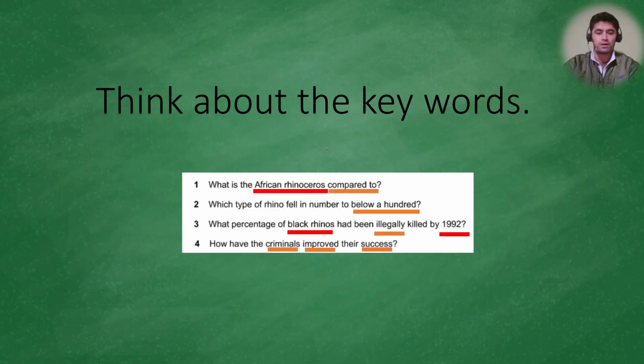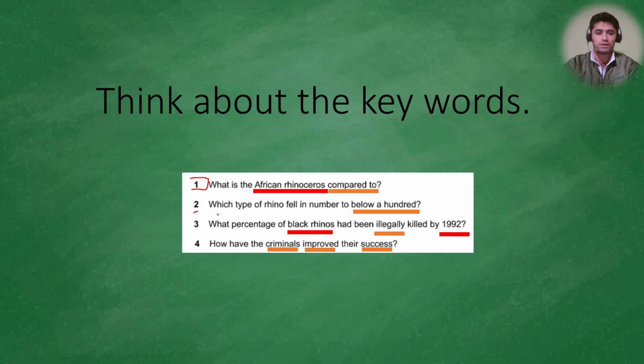Now, while we're checking the questions, the main thing that we need to think about is the keywords. As you can see, I've highlighted the keywords here. Now let's read the questions one by one and pay close attention to the keywords I've highlighted. Question number 1. What is the African rhinoceros compared to? So the keywords here are African rhinoceros compared to.